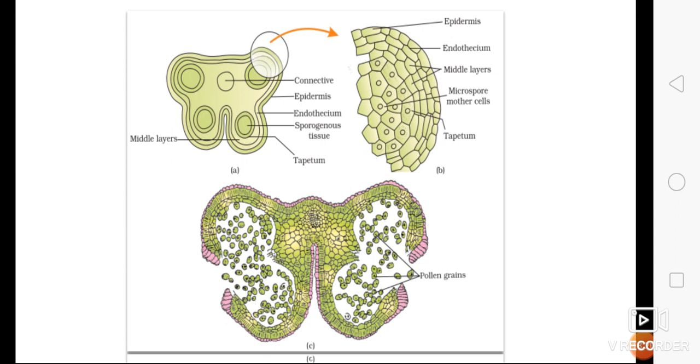P-H-Y-T-E. Phyte means plant. So the plant producing microspore is named microsporophyte. According to scientists, each pollen grain is a plant, and that plant produces male gametes. So pollen grain is also called male gametophyte.